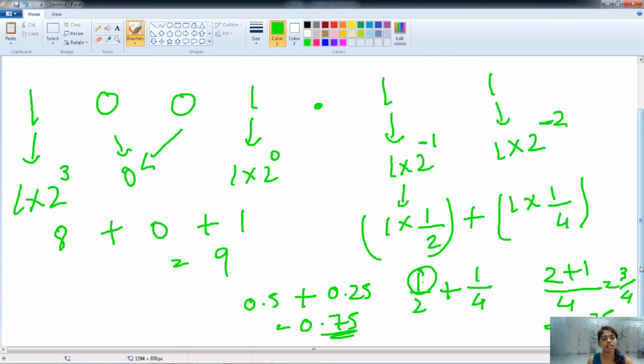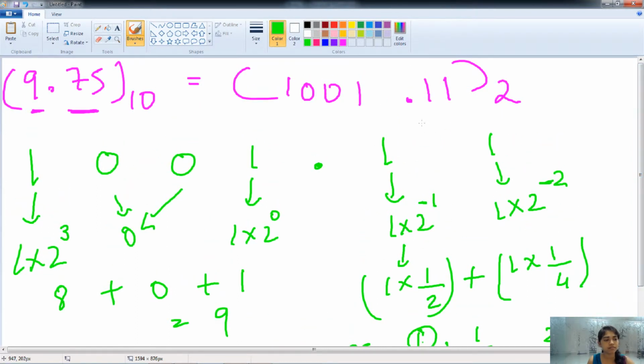So again we have got 0.75 as an answer. Now we will write it here 9, and here we have got 0.75. So this is our decimal number that we were looking for, and yes, our answer was perfectly right, as you can see.